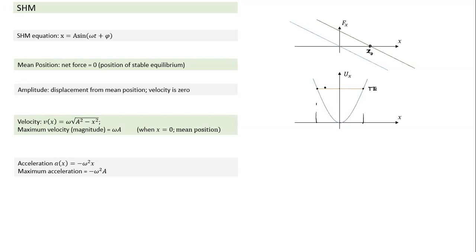This is the total energy, and it will oscillate between minus A and A. When it comes to mean position, you notice here, at any point in between, this part is potential energy, and the remaining part will be kinetic energy. You understand here? So the amplitude of oscillation depends on how much total energy is given to a particle. If the total energy given is 1/4, amplitude becomes half, because total energy varies as the square of amplitude.